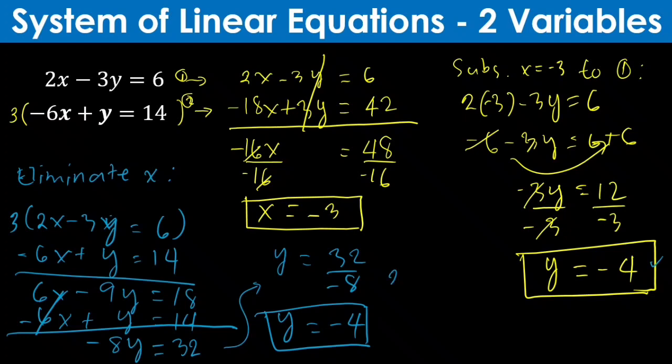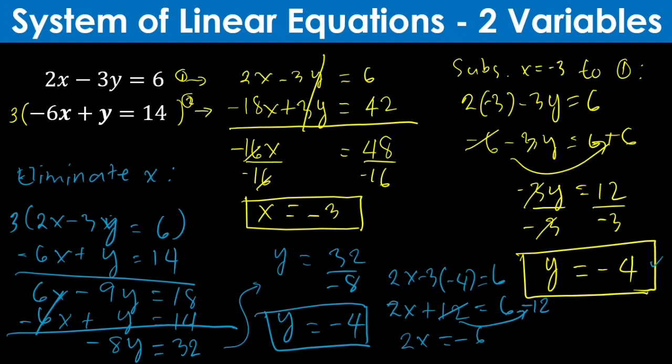So you have 2x minus 3 times -4 plus 6. Just copy this one and then multiply this. That's plus 12. So 2x, move the 12 there. That becomes minus 12. So 2x equals -6, and we divide 2 both sides. That gives us x equals -3.